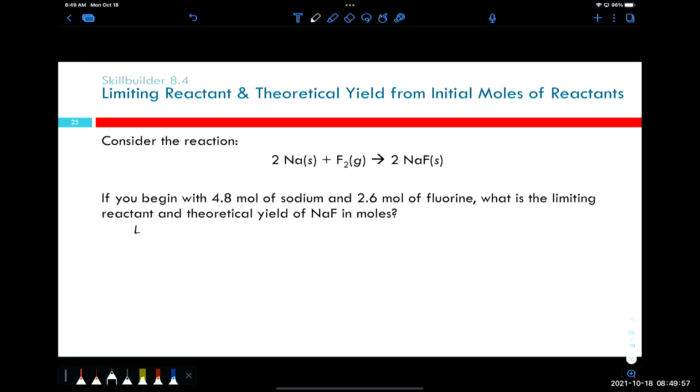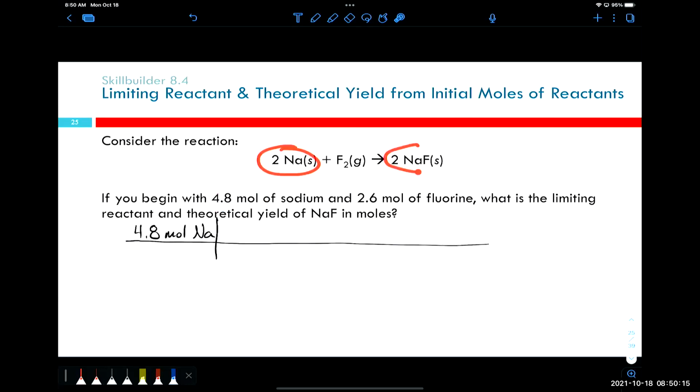So we'll just do 4.8 moles of sodium first. And again, I'm just picking that one because it's the first one listed. And then since we are already in moles, we can just use our ratio here. So we'll have 2 moles sodium required for every 2 moles sodium fluoride produced.